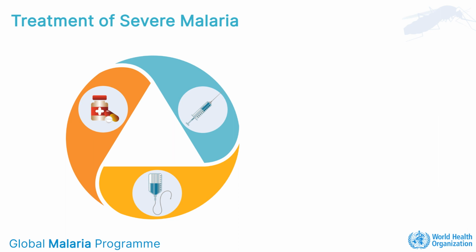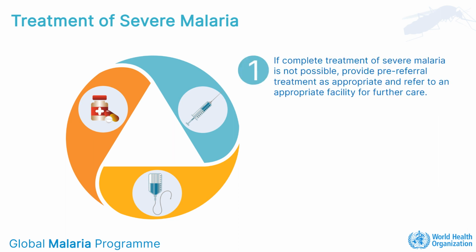Patients with suspected severe disease should be referred as quickly as possible to the nearest referral hospital to ensure appropriate care regardless of age. It is not recommended to wait for a confirmatory diagnosis. Where complete treatment of severe malaria is not possible but injections are available, adults and children should be given a single intramuscular dose of artesunate and referred to an appropriate facility for further care.